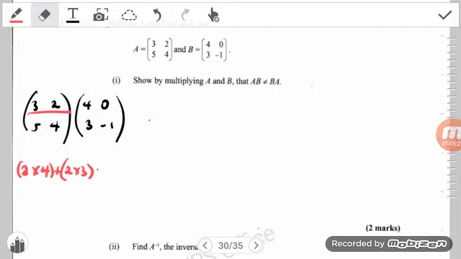Alright, good. Now we already used this row to multiply this column. We're going to use this row again to multiply this column. So we're going to have 3 times 0 plus 2 times negative 1. Now we are finished with this row and these two columns.